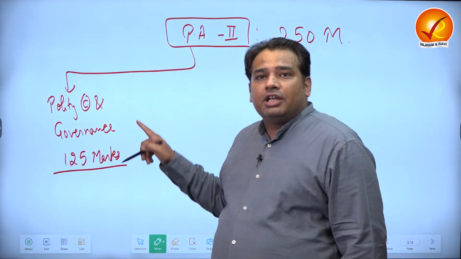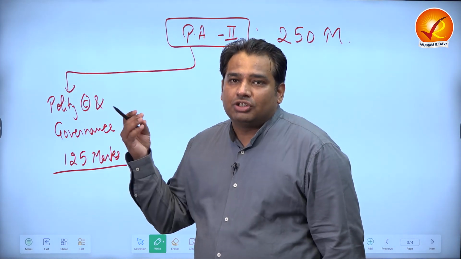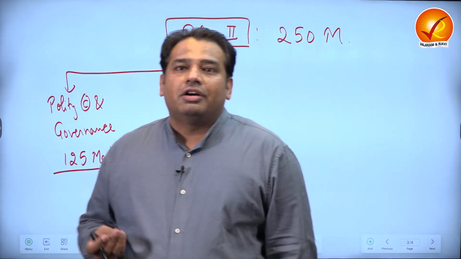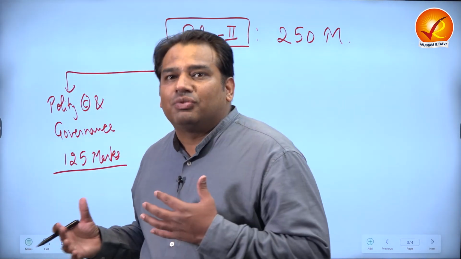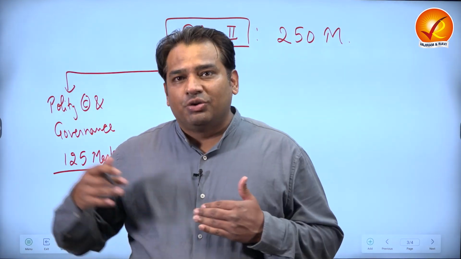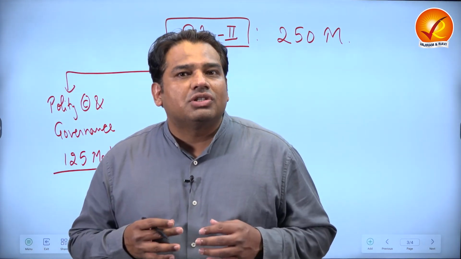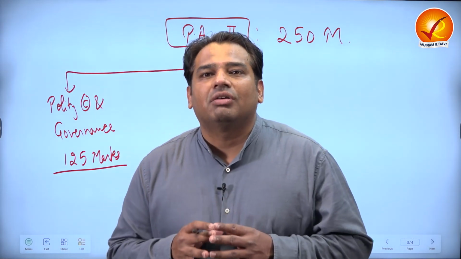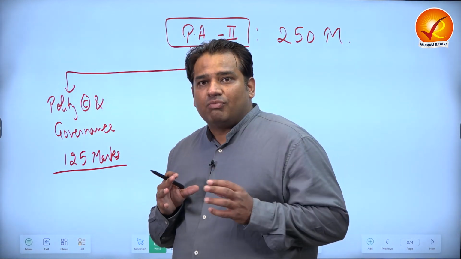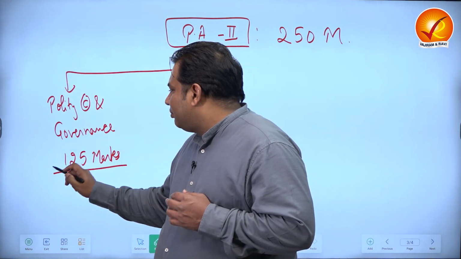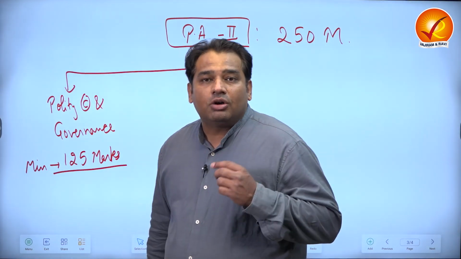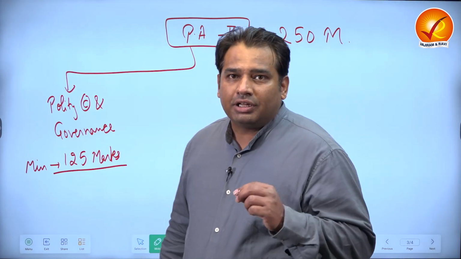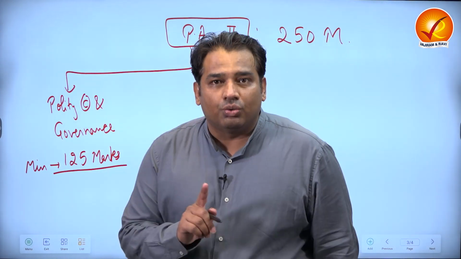That means polity, constitution, governance is approximately 150 plus marks total, because fundamental rights are not part of the PubEd syllabus. So excluding that portion, the rest of the syllabus has a direct overlapping with the PubEd, and the minimum weightage in polity, constitution, governance will be 125 marks from PubEd paper 2.